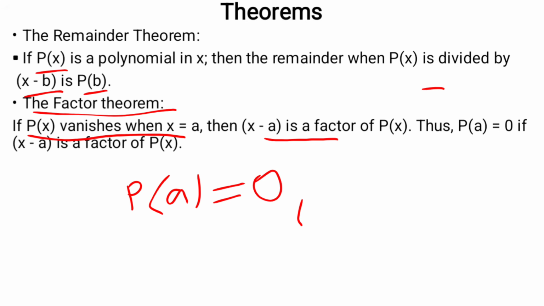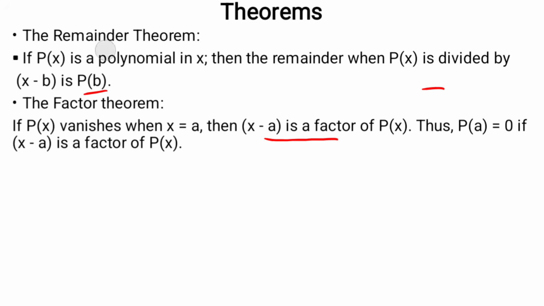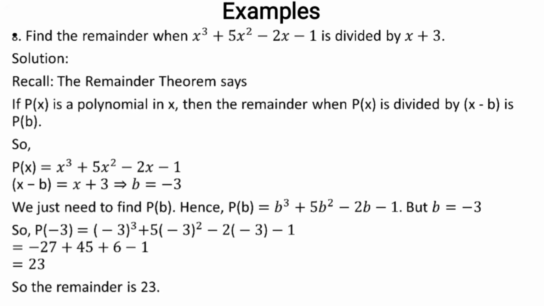It means that x minus a divides p(x). That's what it means, okay? Sorry, you're in 100 level. When you get to 200 level, you understand what this line means. It simply means divides, okay? So let's consider some examples so that you'll see us apply both the factor theorem and the remainder theorem.